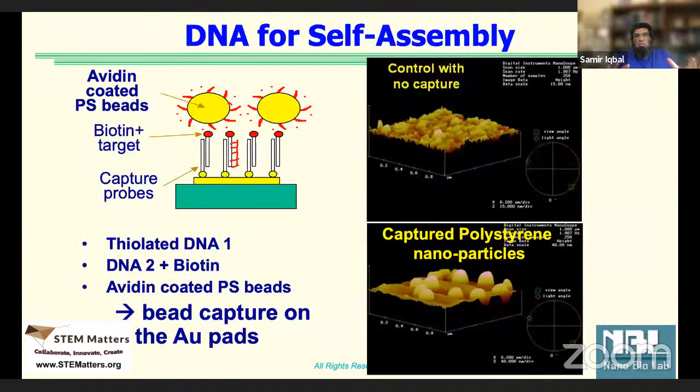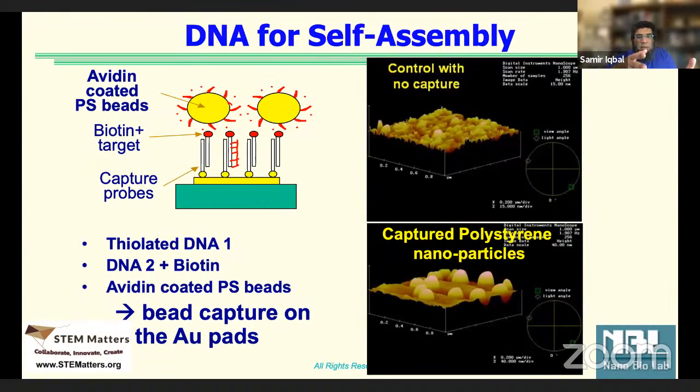So a lot of the time we use DNA for self-assembly, because DNA molecules by nature bind to each other, right? So this is an example where there was a control with no capture occurring, and the actual surface where polystyrene nanoparticles were captured.